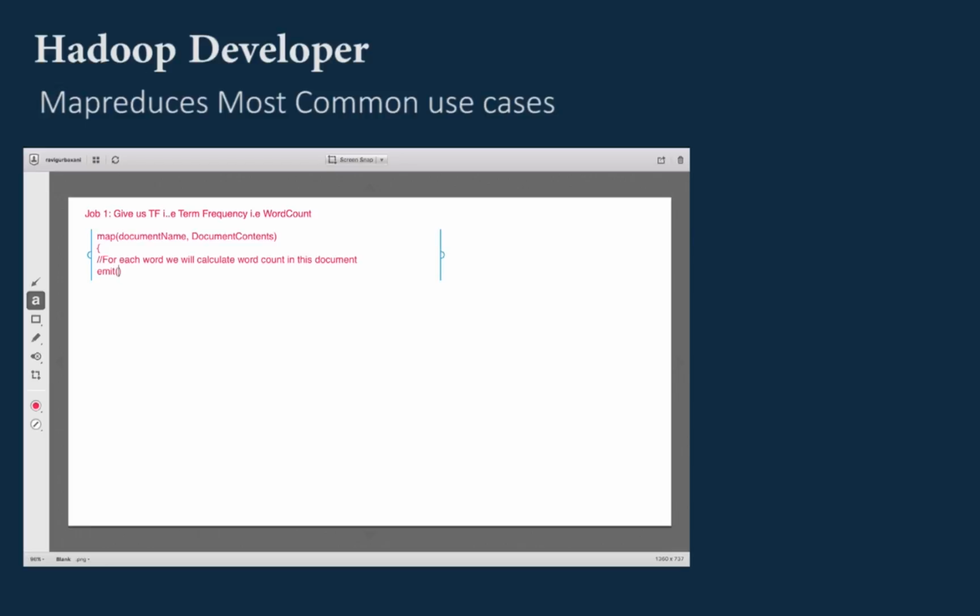And what we will emit is the term, the document name. Now document name is not directly required here, but we will require it ahead in other jobs, so that's why we'll put it, and 1. This will keep telling that it's creating a pair, saying once, twice and so on.